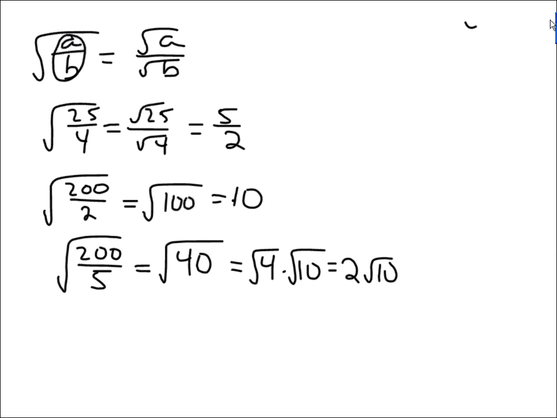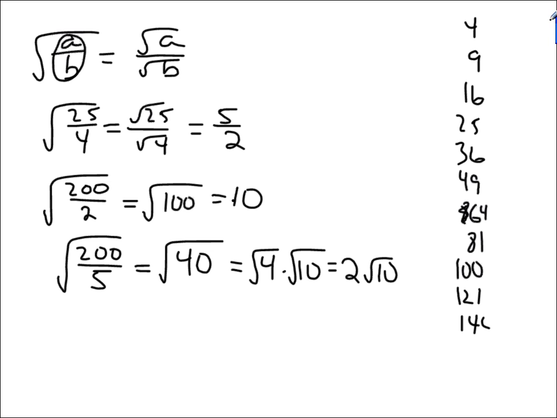Remember, here is our list. 2 squared, 3 squared, 4 squared, 5 squared, 6 squared, 7 squared, 8 squared, 9 squared, 10 squared, 11 squared, 12 squared, 13 squared, 14 squared, 15 squared. I may be able to say those 14 numbers real quickly, but trust me, I don't know that list.